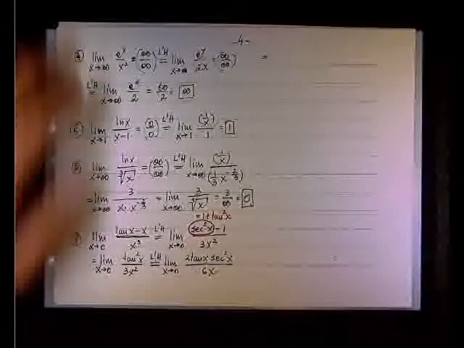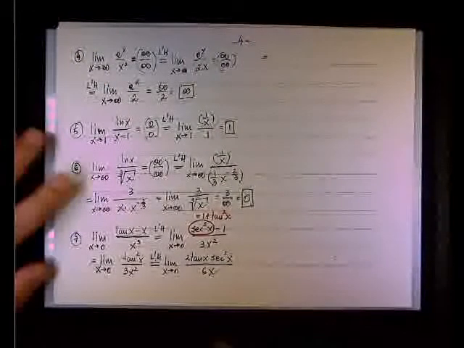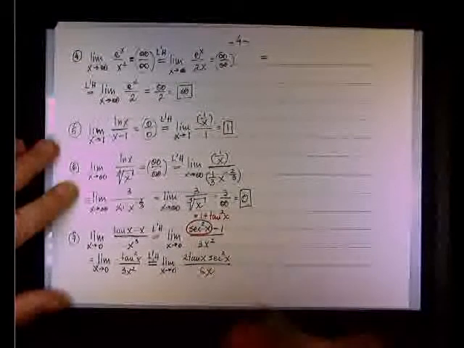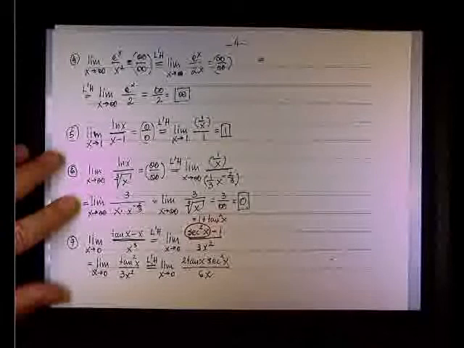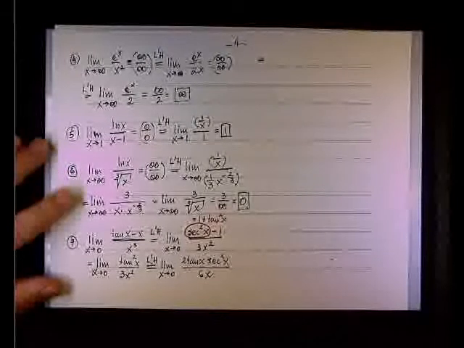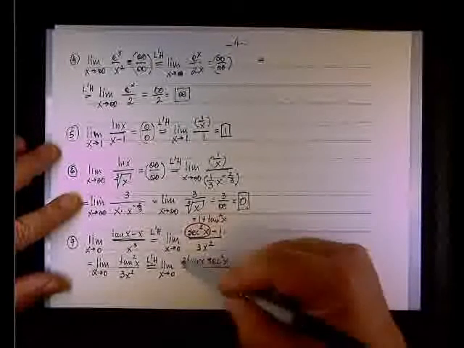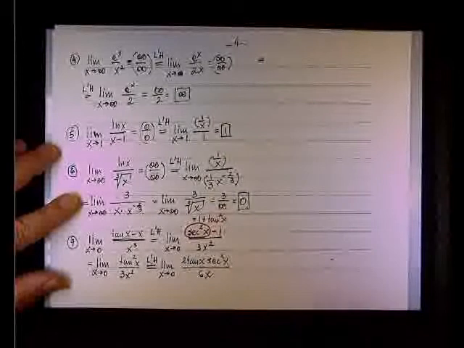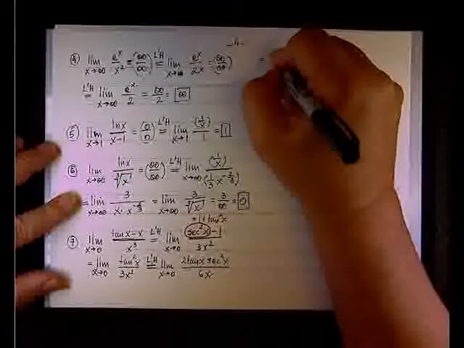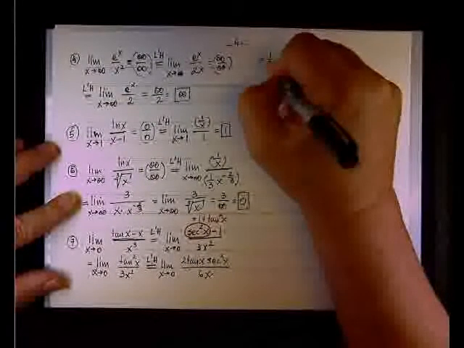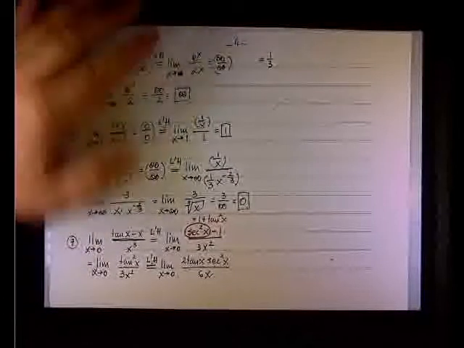And here comes not really the trick, but the smart part of this exercise. We start by first simplifying 2 over 6 is 1/3. I can yank it outside the limit. It's a constant, so it doesn't change.